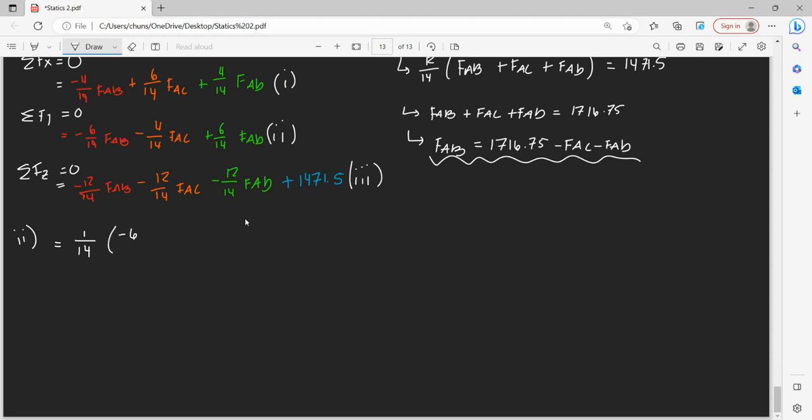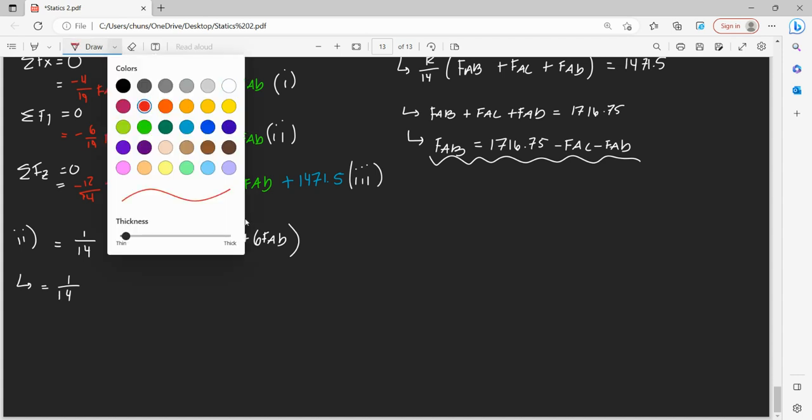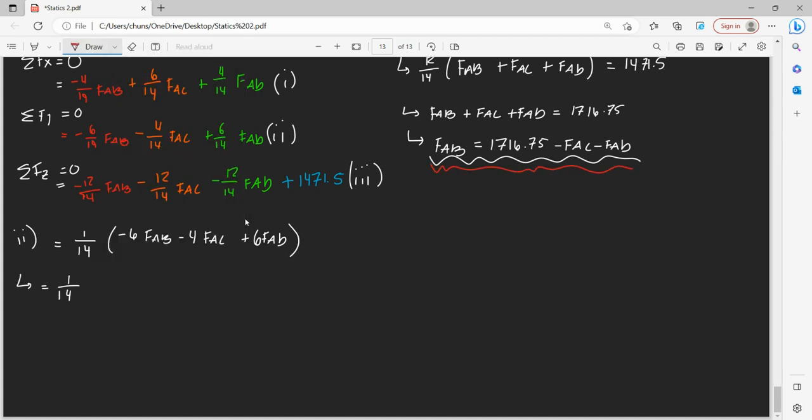So that's negative 6 FAB minus 4 FAC plus 6 FAD is equal to 0. Okay, and I'm going to plug in the value that we just found up here for FAB.